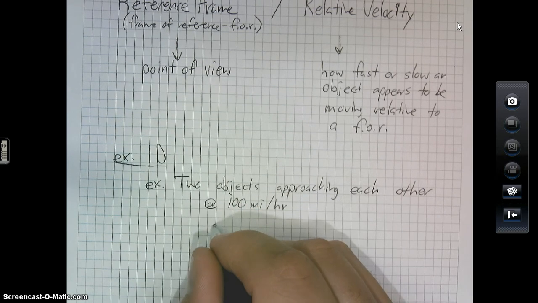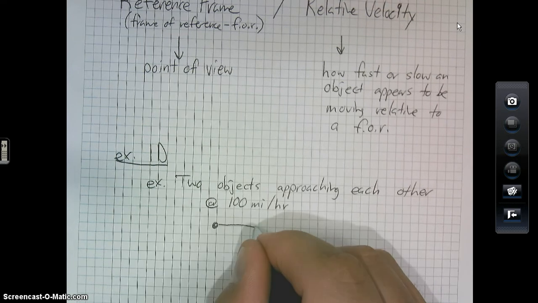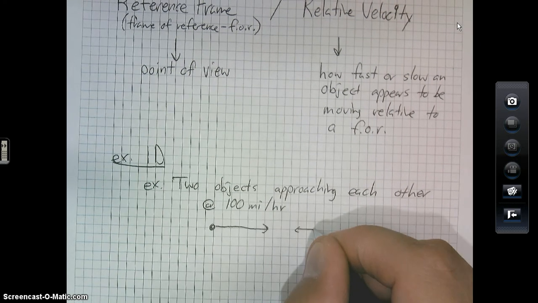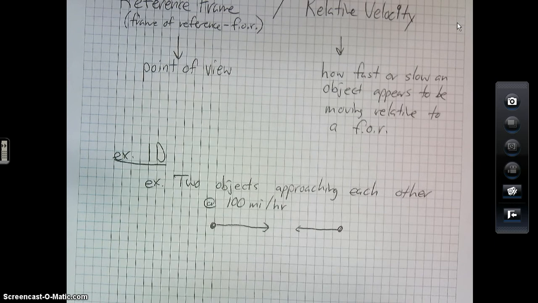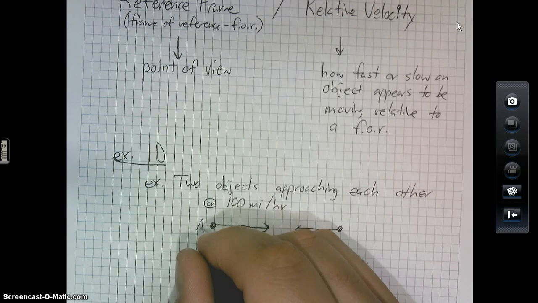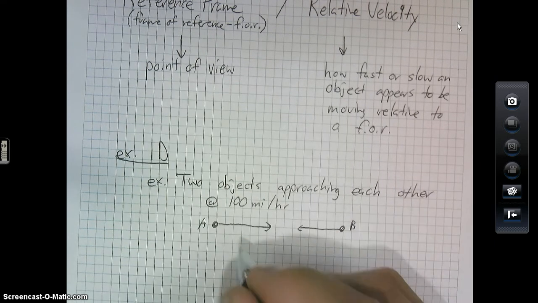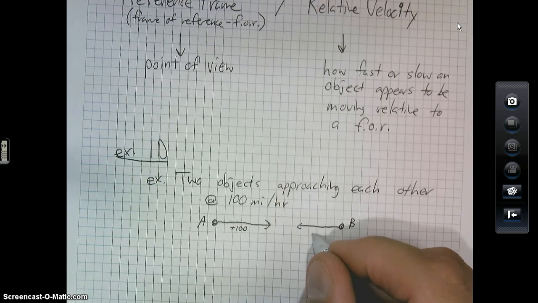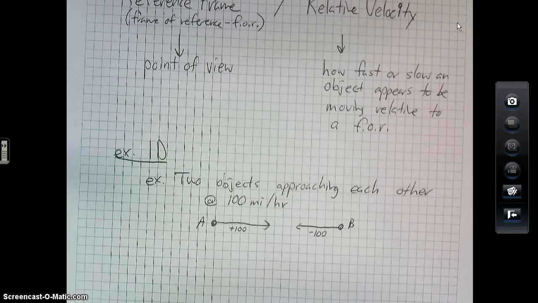So a simple vector diagram here would have one object traveling this direction at 100 and the other object traveling at that. If this is object A and object B, this one would be a positive 100 moving to the right, or in a positive direction. This would be a negative 100.